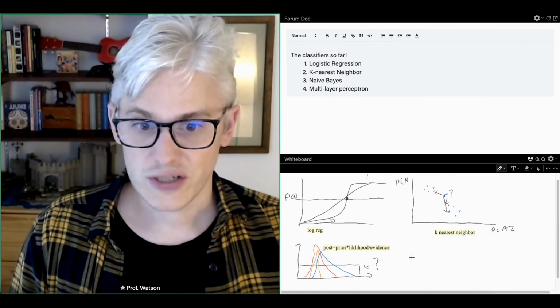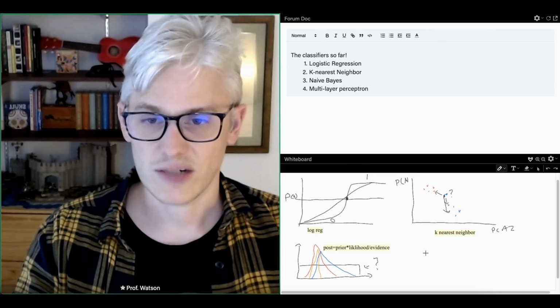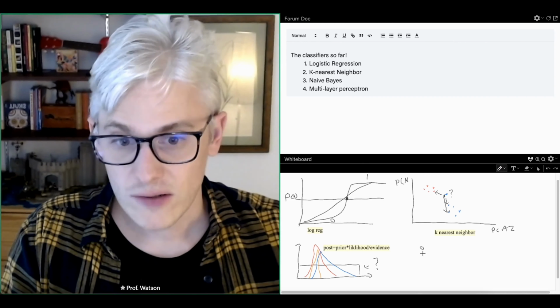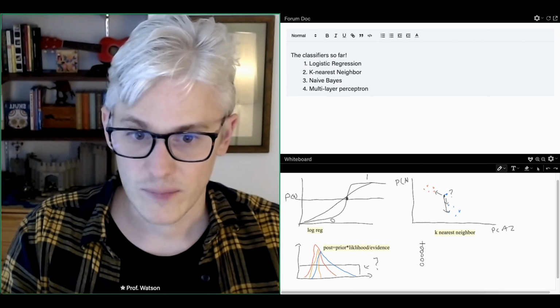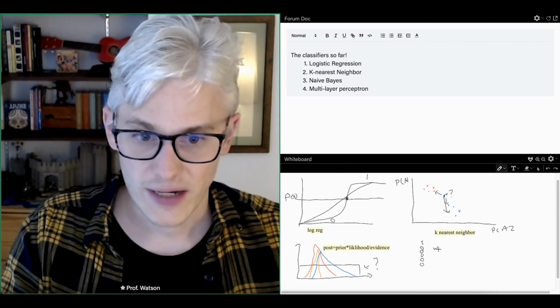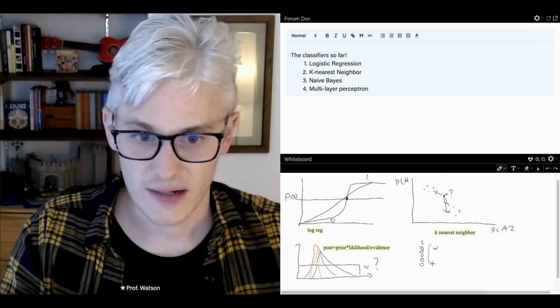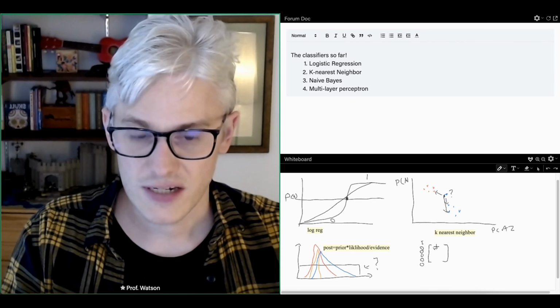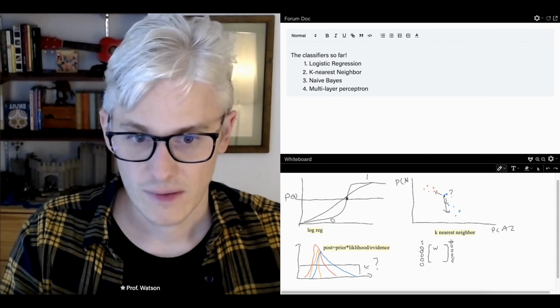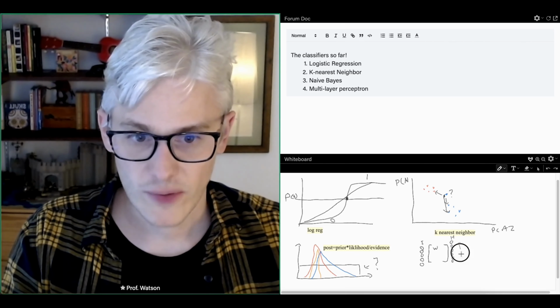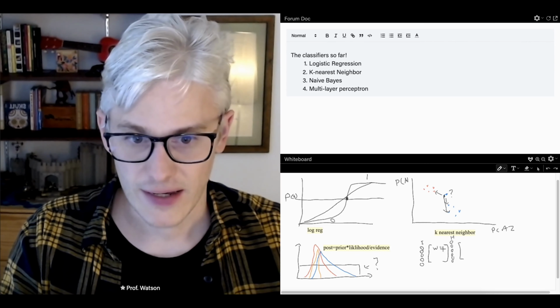And the last one, which is the multilayer perceptron, here's where I'm going to have to change my visualization. This is a neural network model. We have a vector of data points that are our input. We have a weight matrix, which connects all of those inputs to a hidden layer. We usually call this WIH.